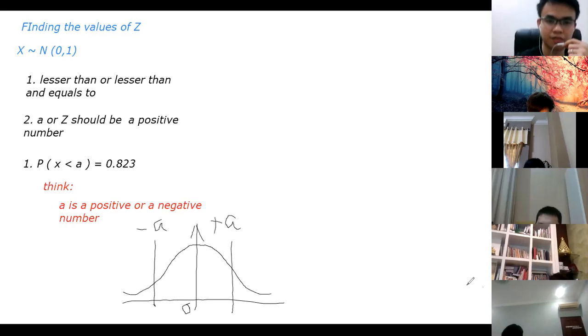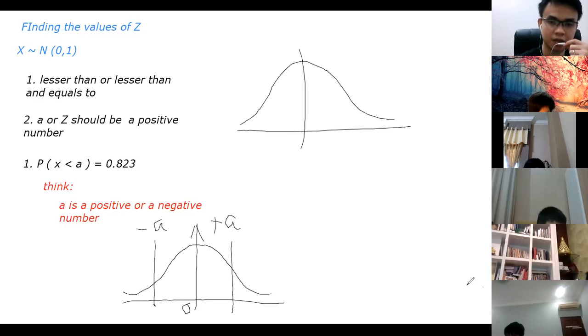But logically, the total area is 1. So the negative portion is 0.5 and the positive portion is 0.5, because the total area has to be 1.